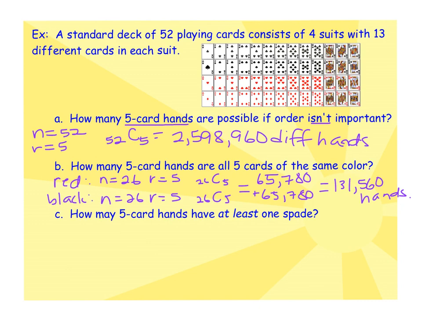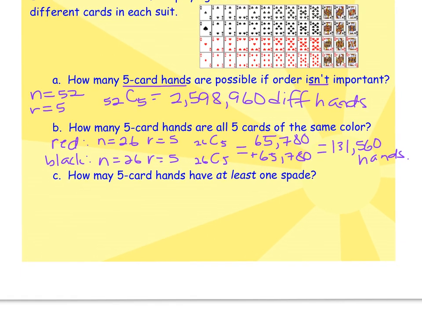And last but not least, at the bottom, this one's really tricky, so I need you to really focus on this section right here. And here's why. How many 5-card hands have at least 1 spade? So that's tricky, at least 1 spade. All right, so we're going to start with this. If our 5-card hand has just 1 spade, that means there are 13 to pick from, and we want just 1 of them.